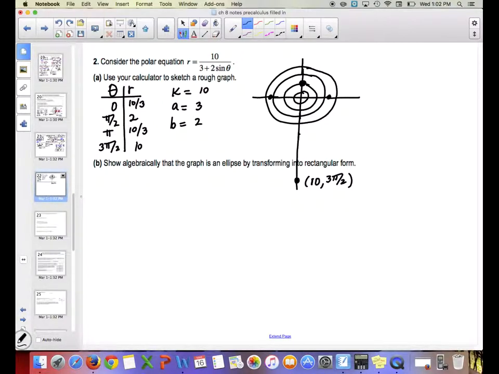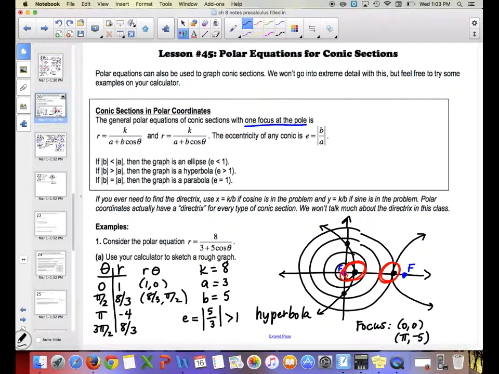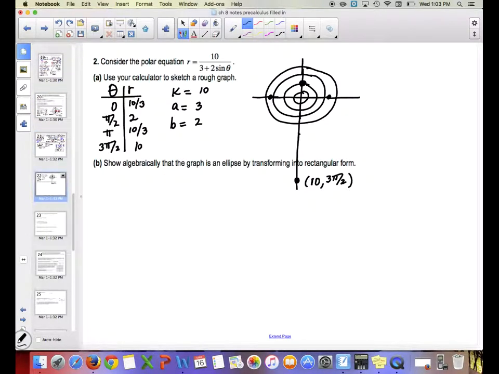B is the second one. If we take the absolute value of A and B, they're both 3 and 2 anyway. So when we compare them, is B smaller than A, bigger than A, equal to A? Smaller, right? So that's why it's an ellipse. You could also find the eccentricity, which we're going to find later anyway, which is B over A, which is less than 1.